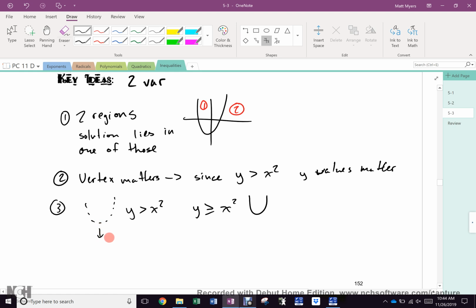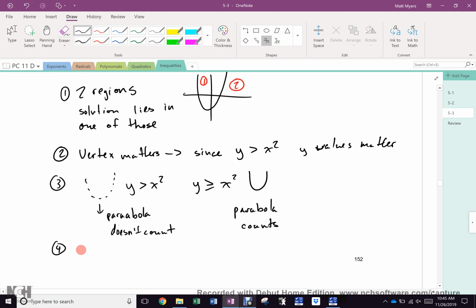In this one, does the parabola work? Does the parabola count or not count here? Parabola doesn't count. And here the parabola does count. And lastly, and I'm going to repeat this one, even though it's a key point we already know and we've written it 3 times.